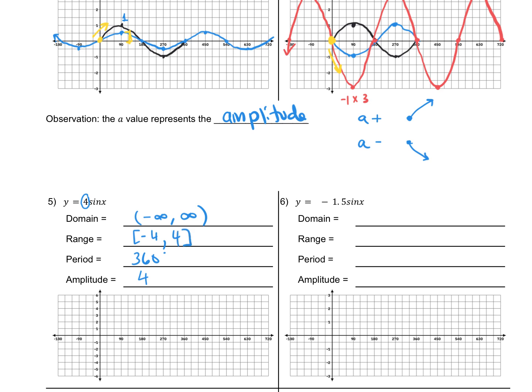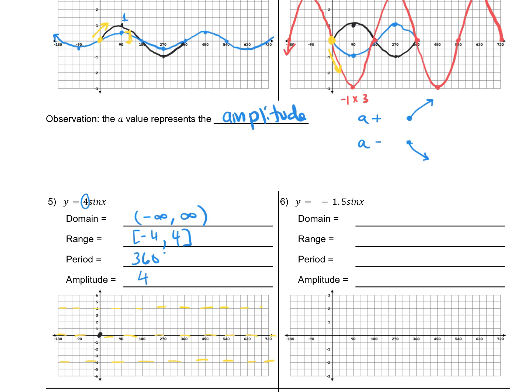So when I graph, I know sine will begin at the origin, and the a value never affected that starting point. Now, if I know that my amplitude is 4, that means I'm going to have a maximum of 4 and a minimum of -4. And my central axis is still at 0.